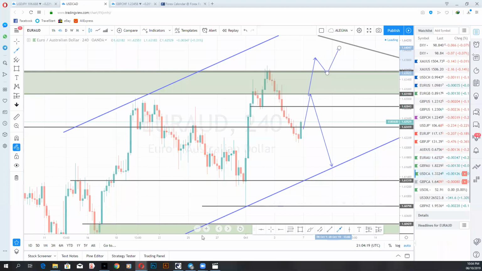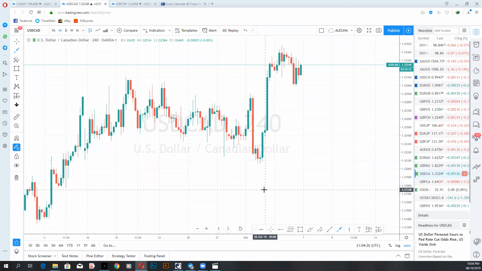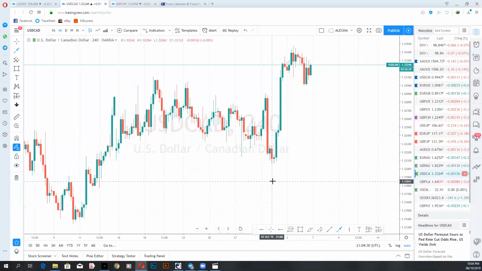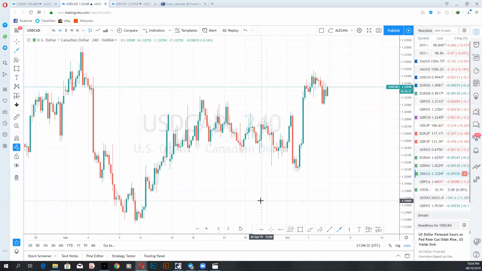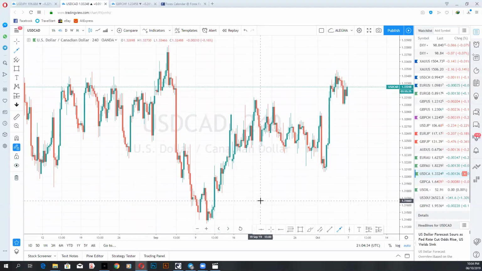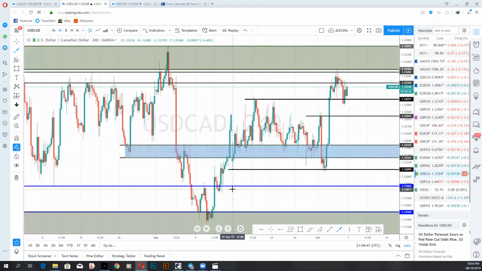And the last but not the least pair for tonight is the USD/CAD. Sorry, USD/CAD. Looking at the USD/CAD, it seems to be at a little bit of a structure area. So that's where it is for now.